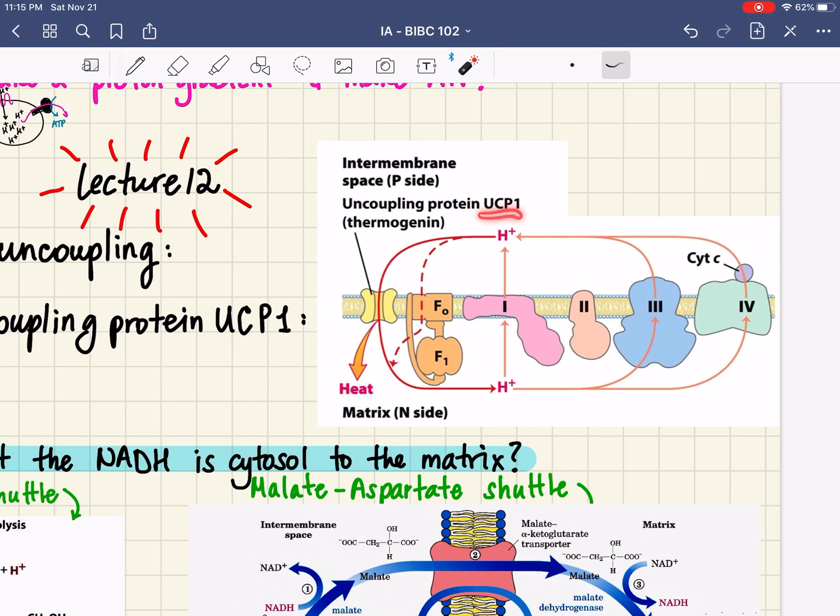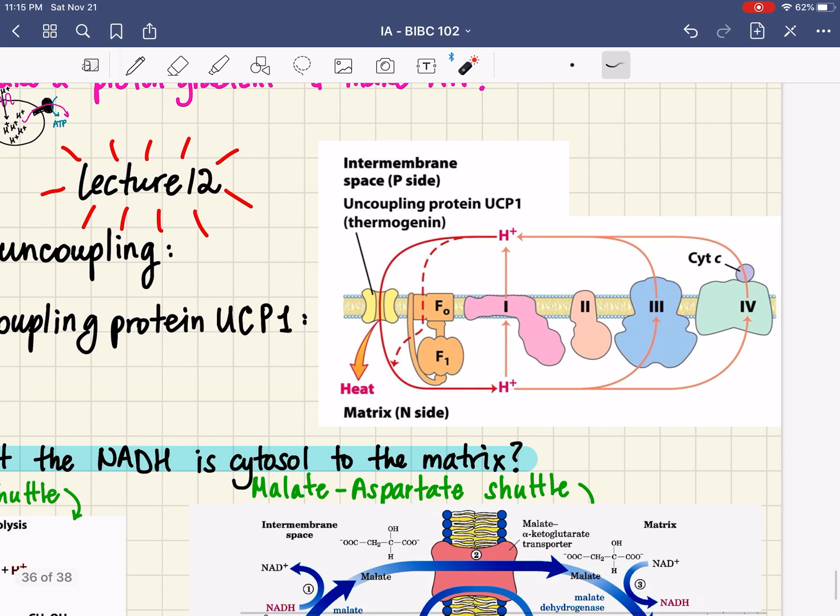UCP is a natural uncoupling protein, a protein that spans the inner membrane and allows protons to flow through it. Now, when this happens, hopefully you understand by now, ATP synthase activity decreases because there's not a lot of protons going through ATP synthase.